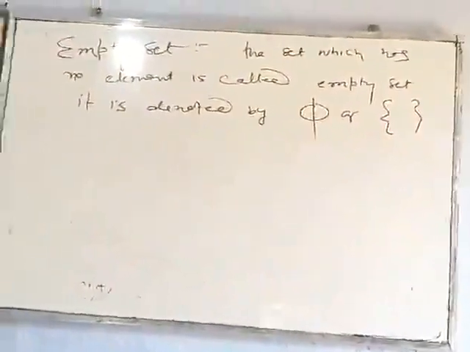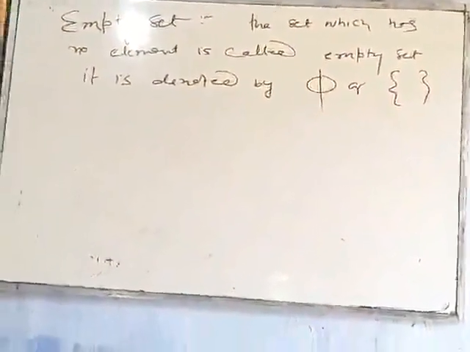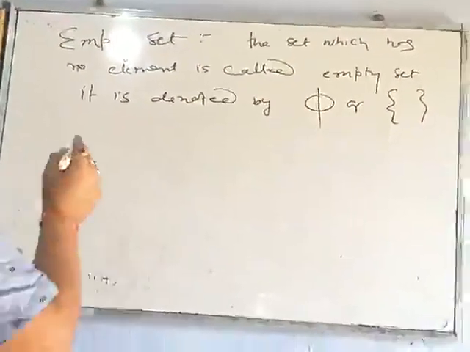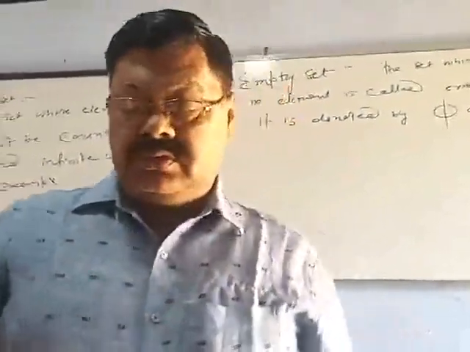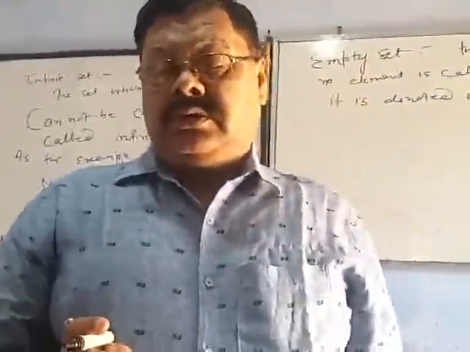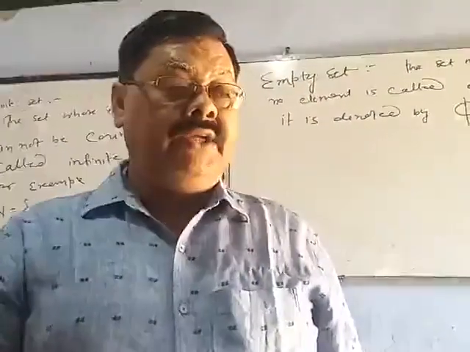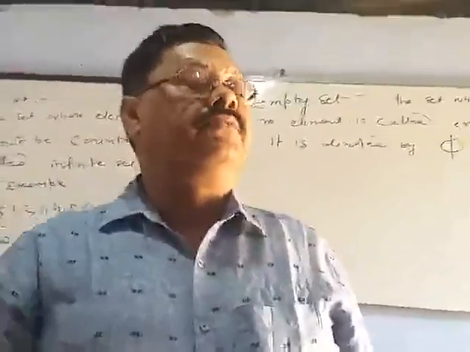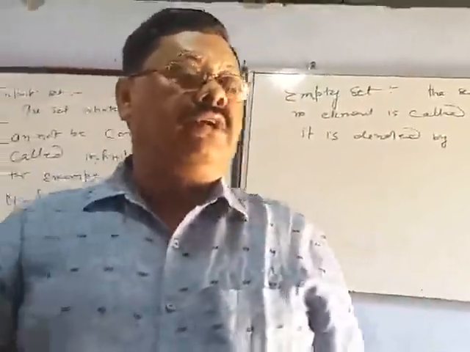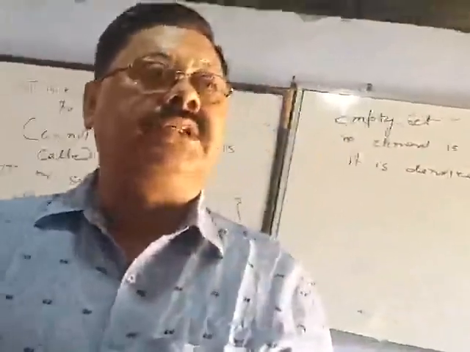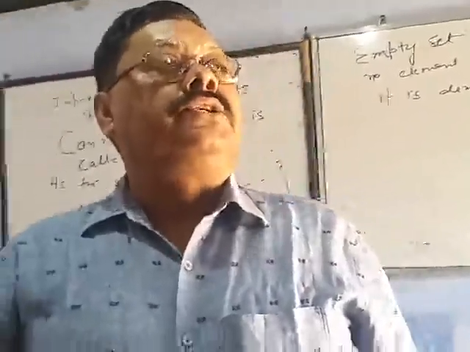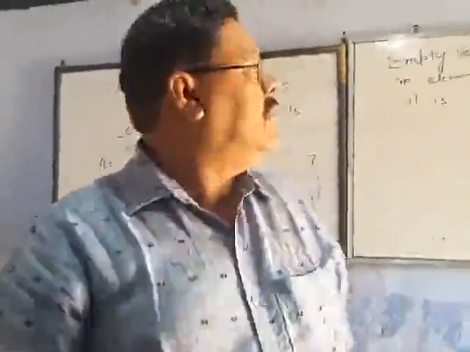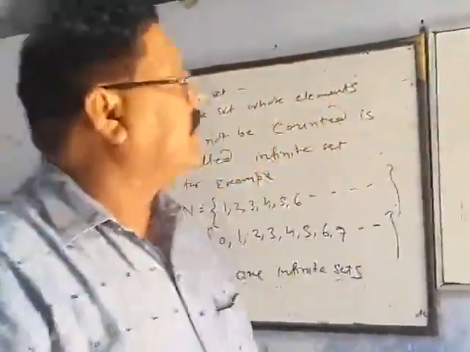Null set. As for example, in a girls school, the set of boys will be a null set, because in a girls school only girls are there, no boys are studying, so this will come under null set, empty set.